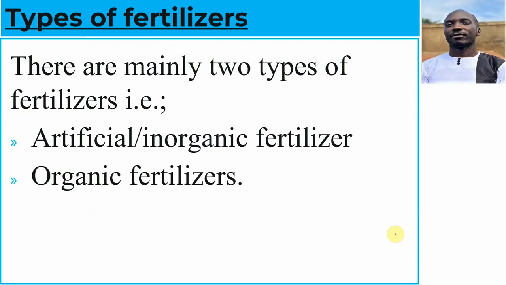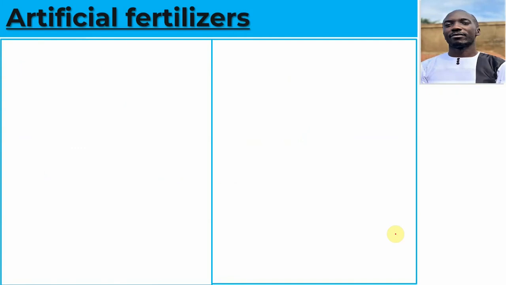We also have organic fertilizers, and most of the organic fertilizers at times we refer to as manure. Not all of them are manure, but most of them are, as we shall discuss. We move on. Let's look at artificial fertilizers first. We explain it, we explore it, and we find out more about these artificial fertilizers.